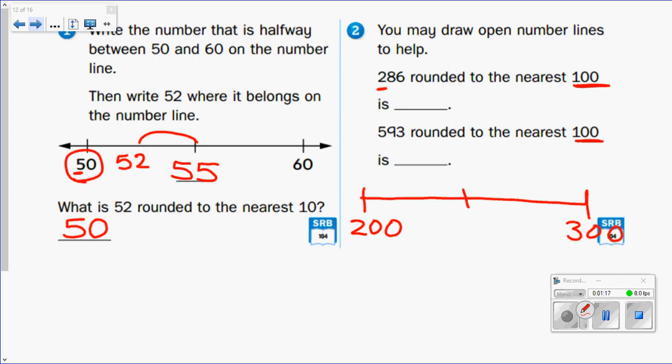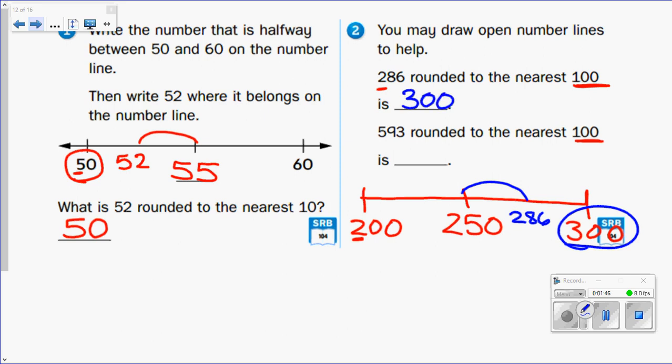My middle spot, this time it's not going to be 5, it's going to be 50. So I'm going to take that beginning 100, put 50 on it, and it is 250. Okay, I'm going to look at 286. Well, 86 comes after 50, so it must be on this side, so 286 rounds to 300.